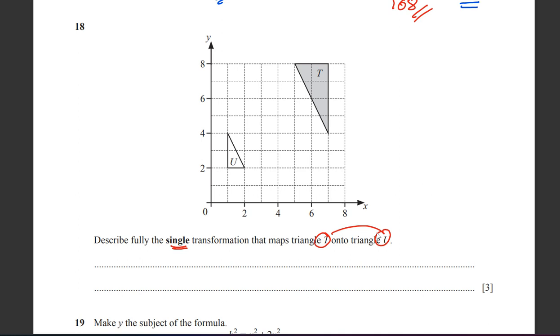As we see here, it is not translation. Why is it not translation? Because in translation you are taking the shape as copy and paste: same orientation, same size, same everything.